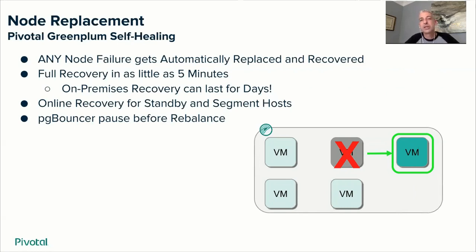With an on-premise installation, this may take days to get new hardware, rack it, cable it all up, and then do the administrative commands to move the data over to the new replacement node. This can be done in as little as 5 minutes. We also have a very good video on YouTube showing an example of how this works in Azure.